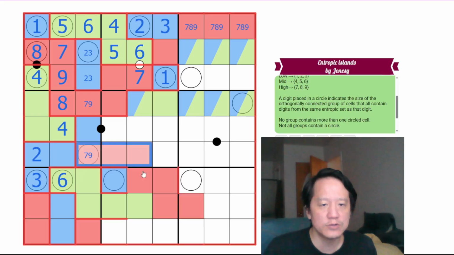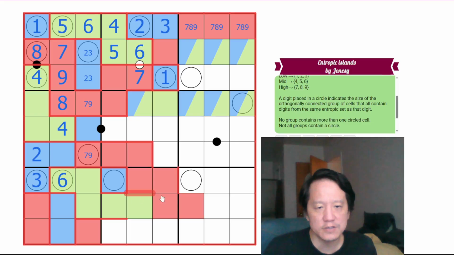That's 1, 2, 3, 4, 5, 6, 7 now. So that could be done as a region. We don't know. So this is here. We have to have 6 digits in the middle. So this must be middle. That's 3 middles in box 8.